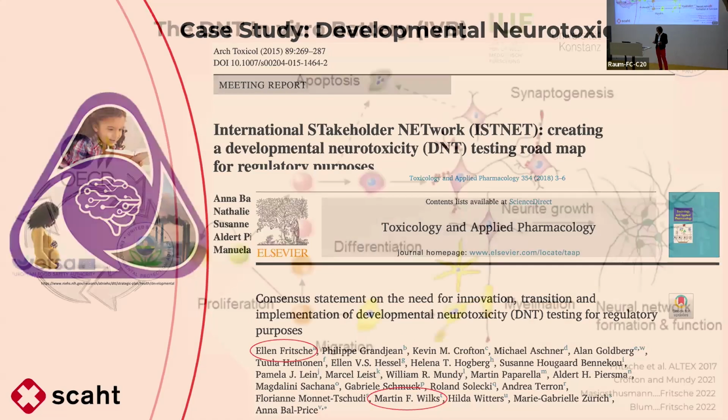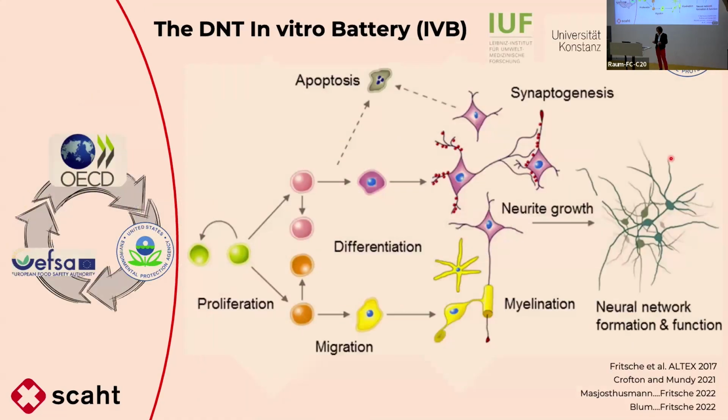Okay, so DNT is kind of complicated, because there are lots of different processes that need to be integrated when our brain forms. But nevertheless, you can break this down into key neurodevelopmental processes. So it's pretty clear then when the embryo forms that the neural precursor cells have to divide, they have to proliferate.